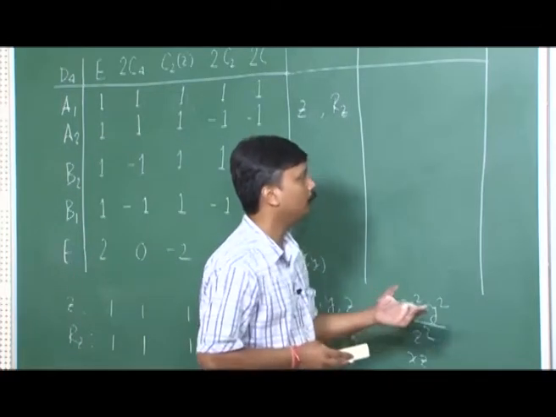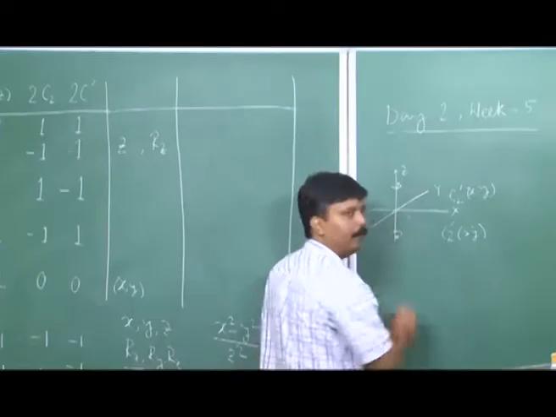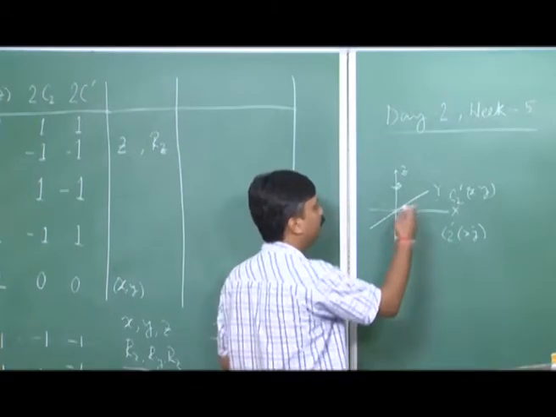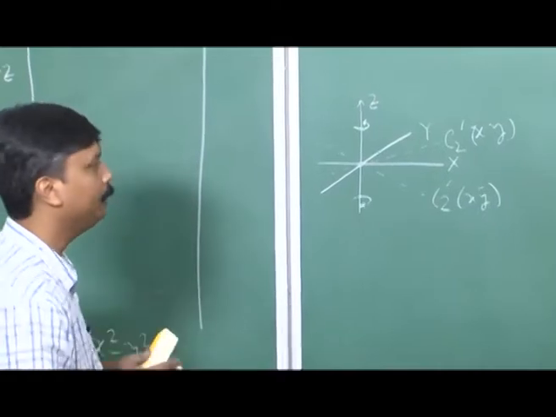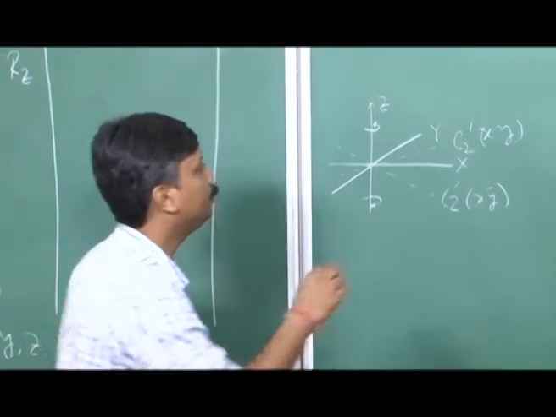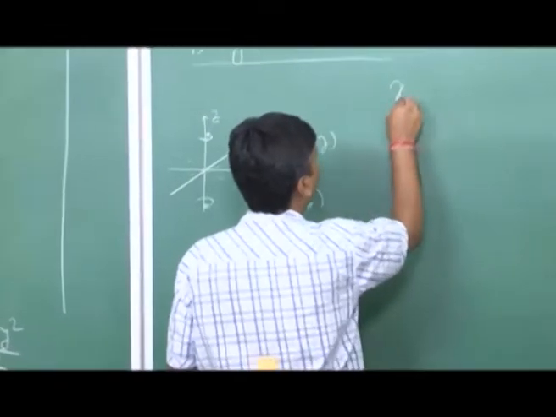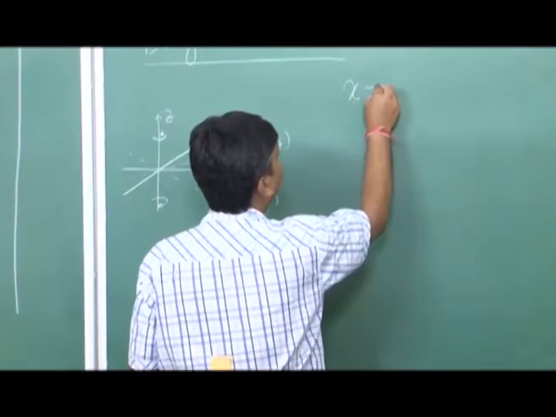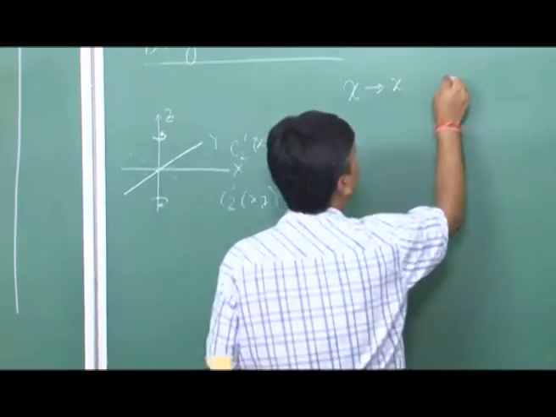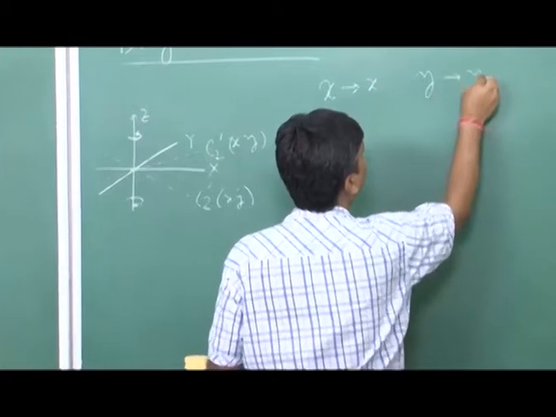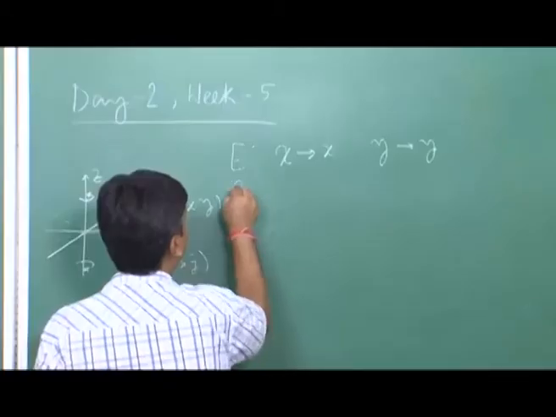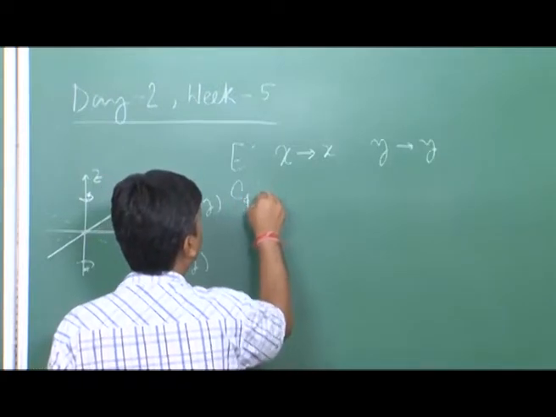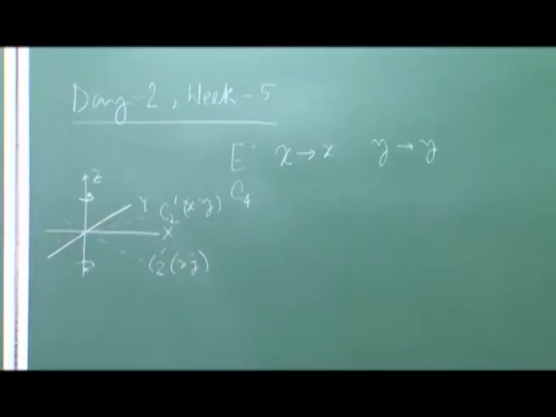So here in this picture, if we try to see how x and y get changed, we have already seen that. So we can just quickly recap that. So upon E, x remains x and y remains y. So this is for E. So for C4, what happens?